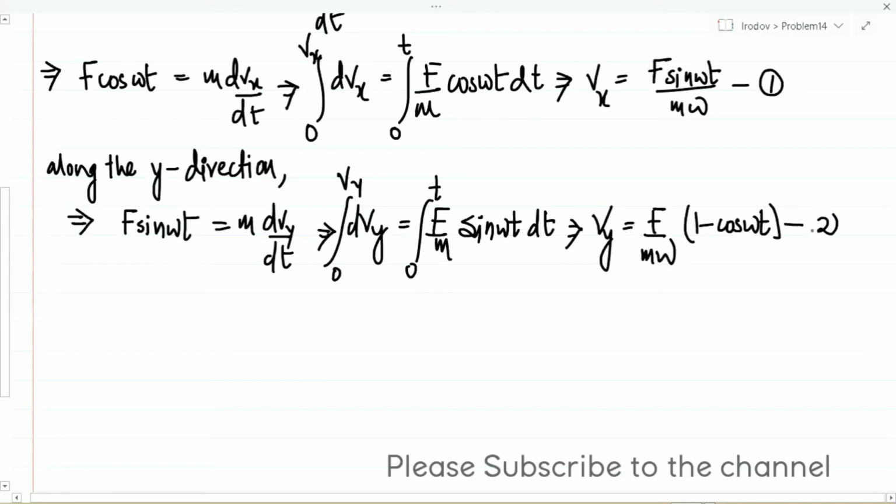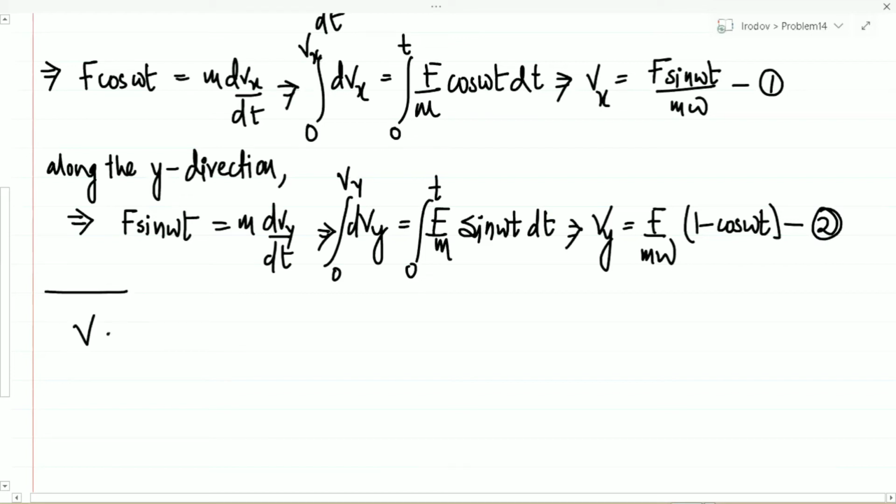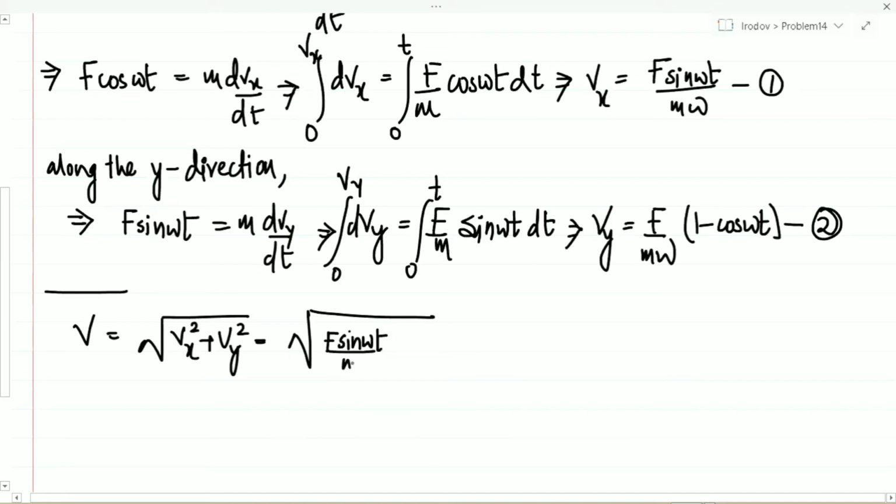We'll name this 2. Now, obviously, velocity v is equal to root over vx square plus vy square. This will give us root over vx from the first equation plus F by m omega 1 minus cos omega t whole square from the second equation.